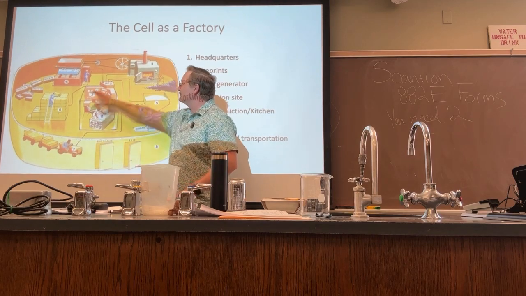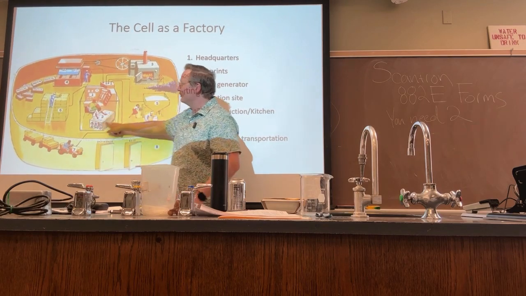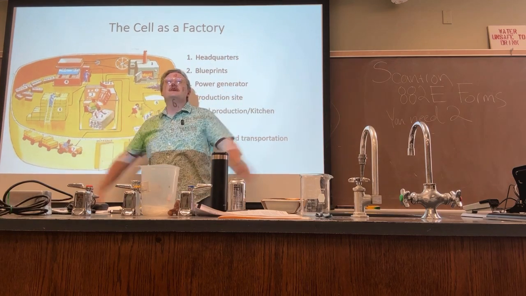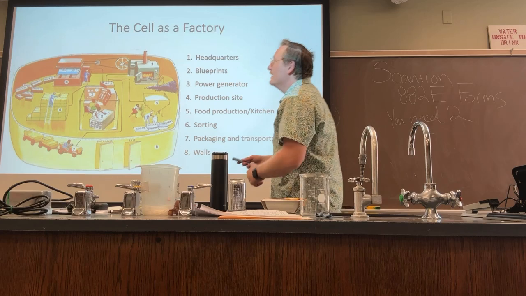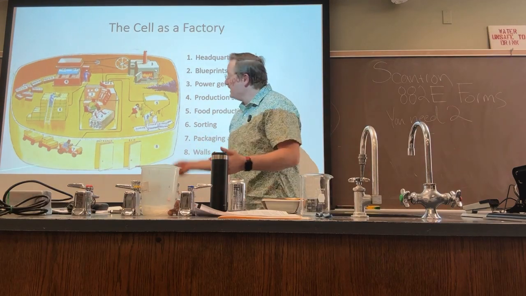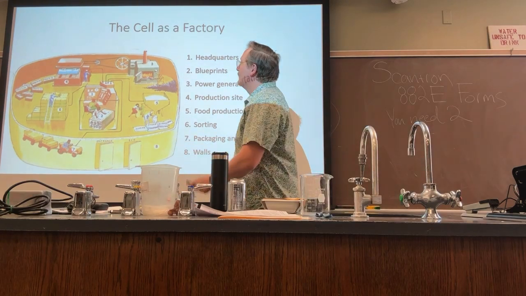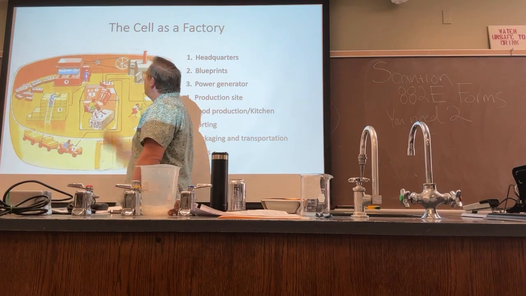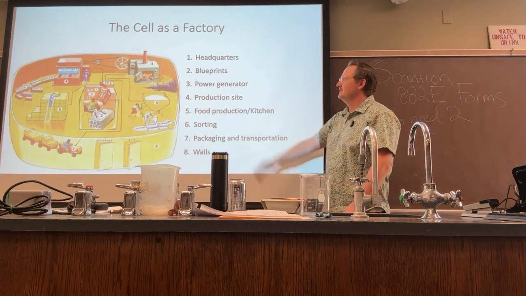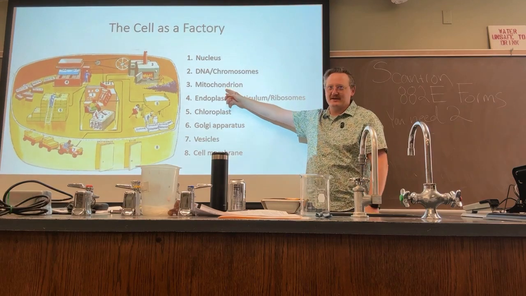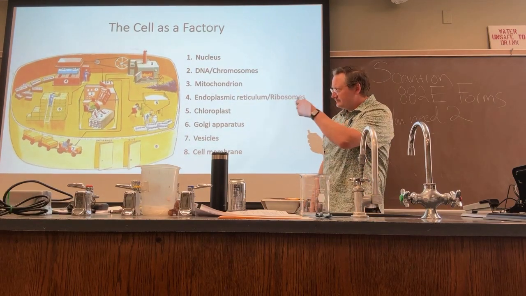In the nucleus, the control center, you've got the blueprints for how to make everything that the factory makes. To make the things that the blueprints encode for, you are going to need power, which you get from the mitochondria.